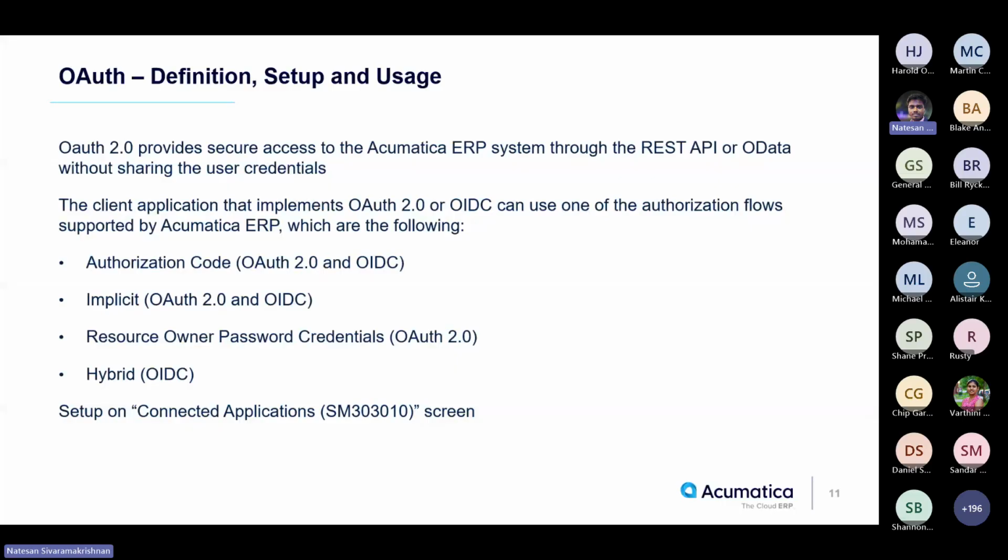So if we do not want to use the basic login logout operation where the user credentials are passed in each request, then we can use the more secure approach using the OAuth authorization, and we can set up the application that is integrating with Acumatica on the connected application screen and use either of the flows that is available in the OAuth 2.0 framework.